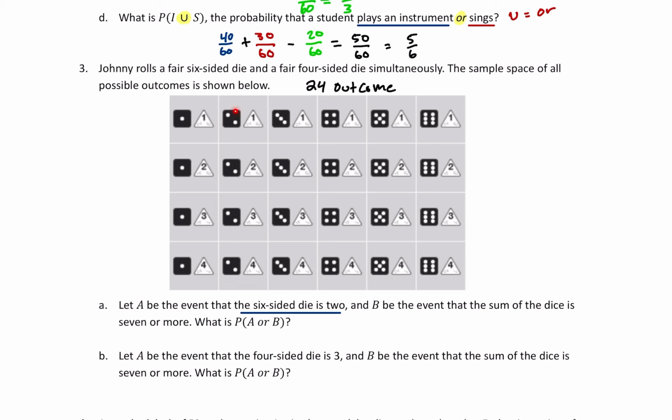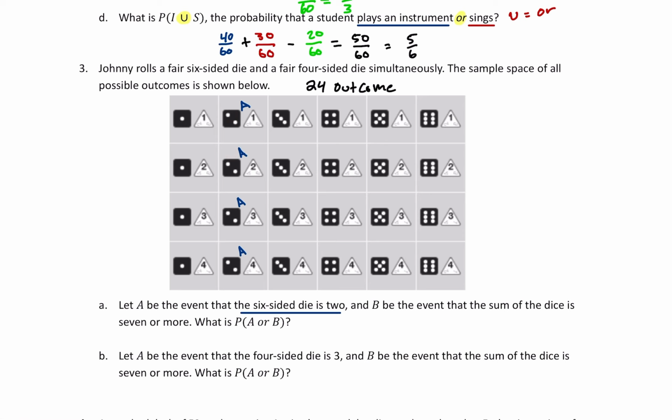I'm looking for all of the places where the 6-sided die is 2. So this one right here is 2, so I'm going to put an A right here. Luckily, they organized this so that all the places where the 6-sided die is 2 are down this column right here.